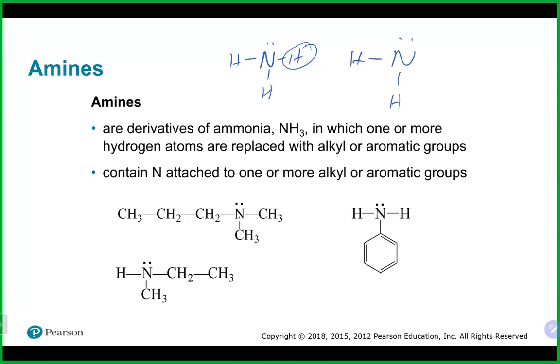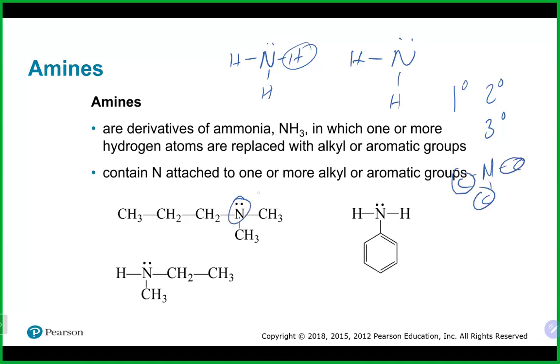You probably could imagine, but we can classify amines as primary, secondary, or tertiary, kind of like we do with alcohols and carbons. In the case of identifying an amine as primary, secondary, or tertiary, we're actually looking at the nitrogen and how many carbons are directly attached to it.